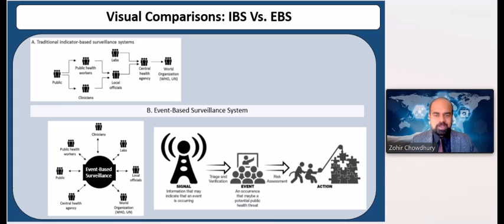This is a visual comparison of indicator-based surveillance and event-based surveillance. On top, we have the indicator-based surveillance, and we can see the typical surveillance system: someone ill with a condition will go and see a clinician or approach public health workers, and they'll be able to capture the information, and the information will be transferred through notifiable or reportable reports and forms through local officials, which in turn will be transferred to central health agencies or national agencies.